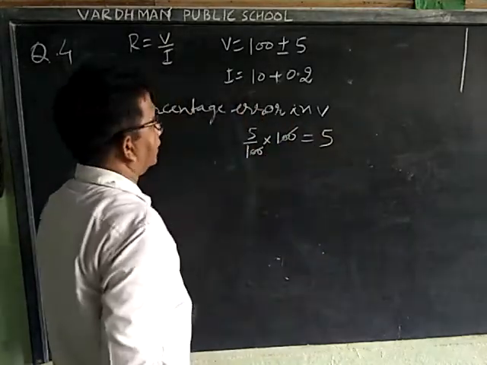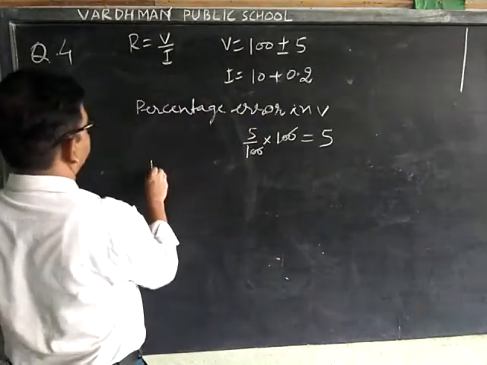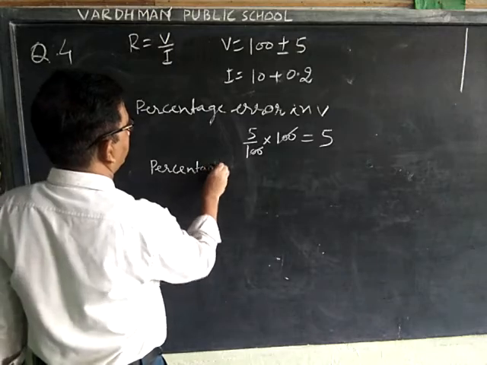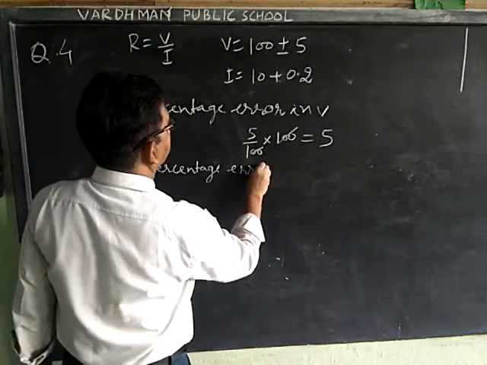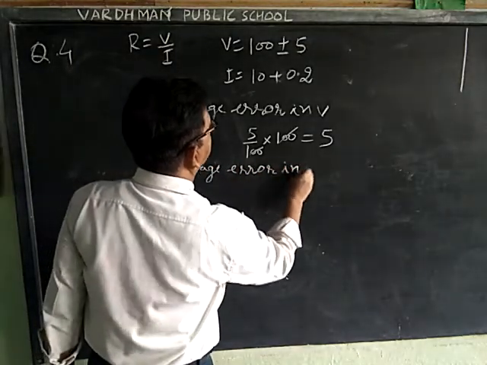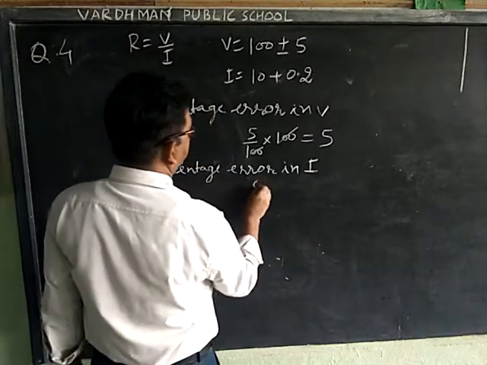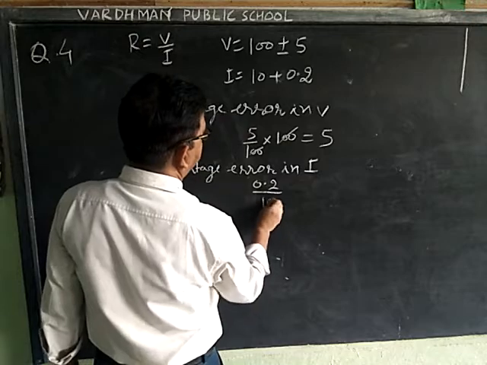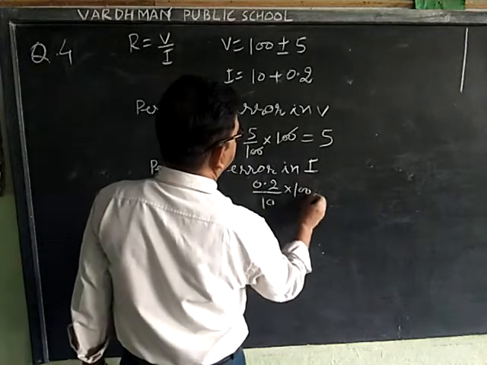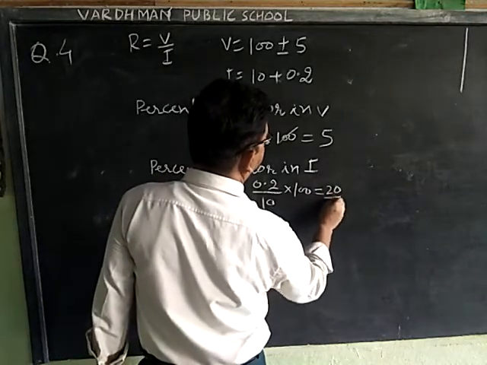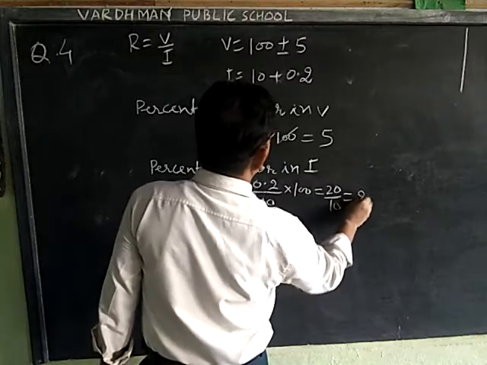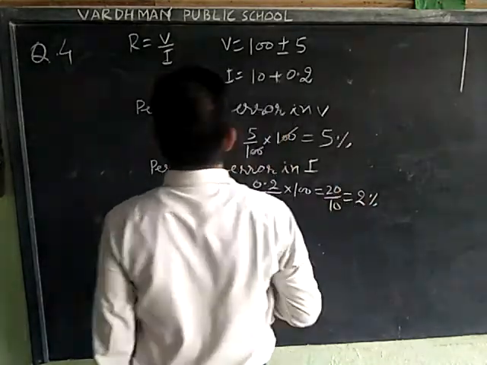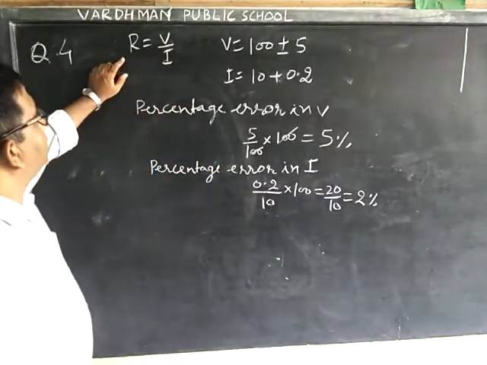Similarly, percentage error in I: 0.2 upon 10 into 100, that is 20 upon 10, is equal to 2%. Now percentage error in R.